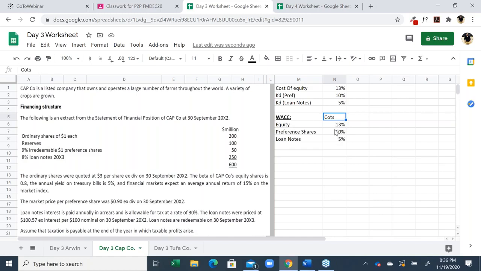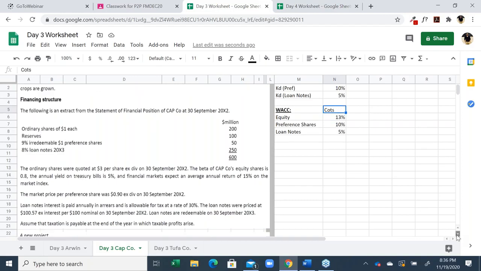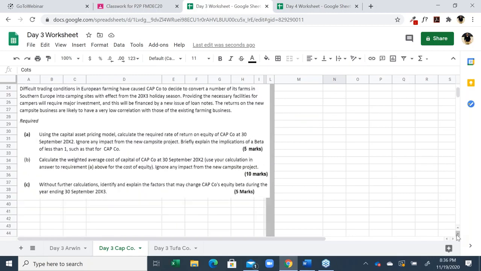But while calculating the average cost of capital, we need weightages. And there are two types of weightages, one based on market value and the other is based on book values. So we have to look at the question, what does the examiner want us to do?